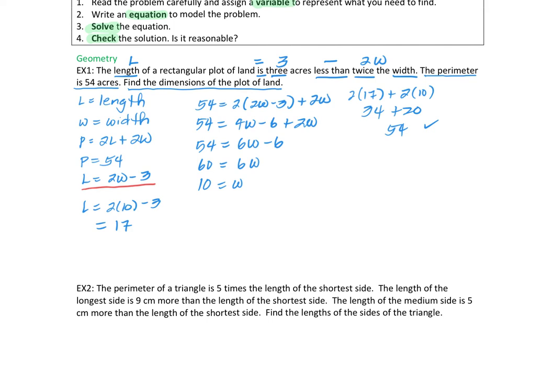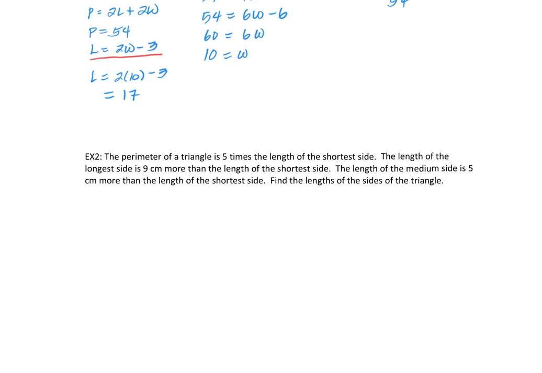Now I was given the problem in words, so I need to answer in words. So we could say the length is 17 acres and the width is 10 acres, or we can just reword the question with dimensions and say the dimensions are 17 acres by 10 acres. Either way answers the question.